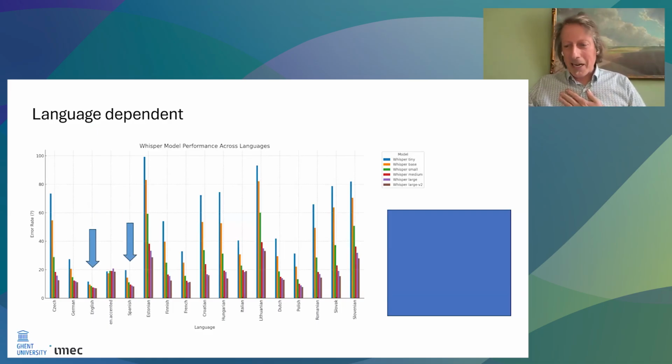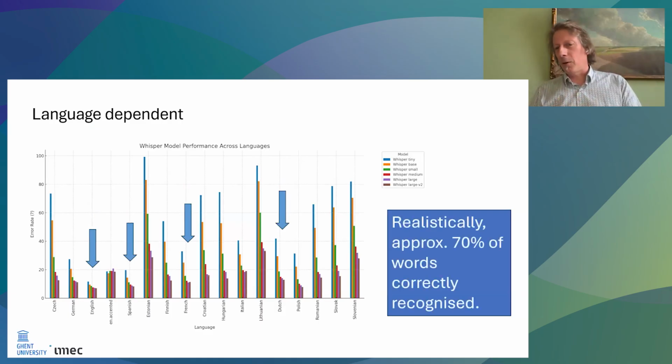Dutch, the language that we need in most of our research, still acceptable, but for smaller languages, you'll get really bad performance. Realistically, if you're speaking one of the major European languages, you can expect about 70% of the words transcribed correctly.